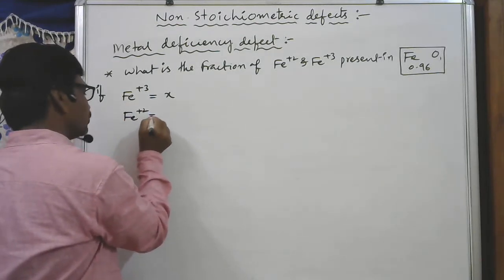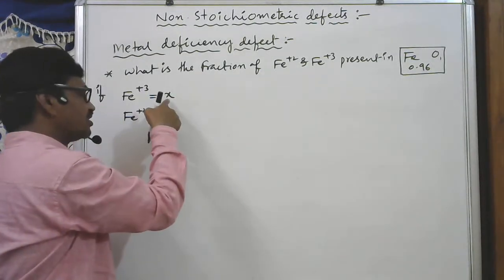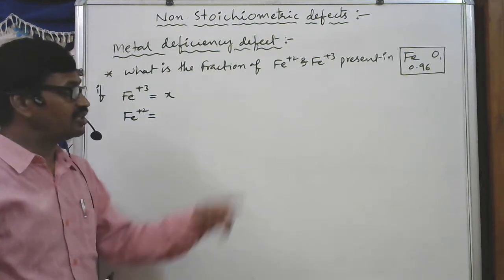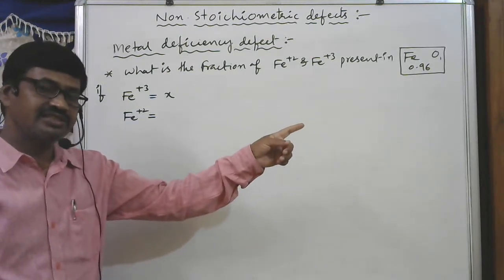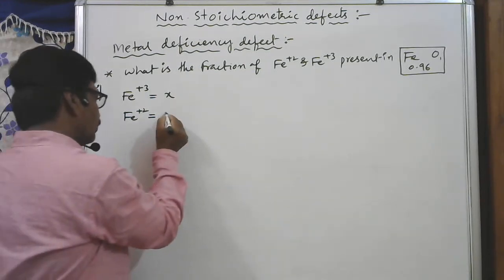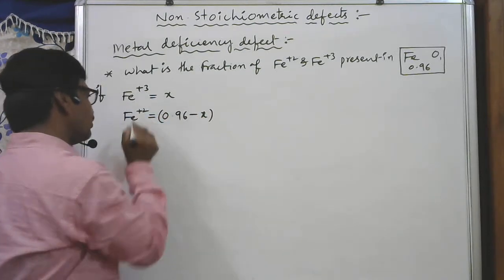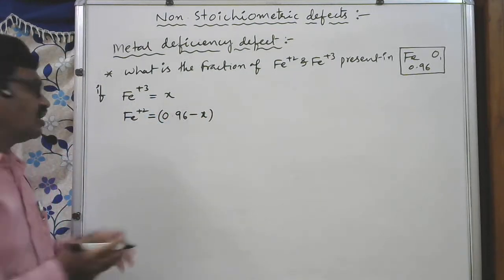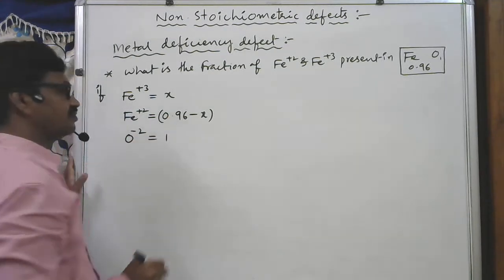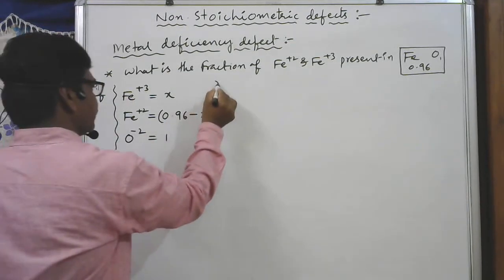Among 0.96, the number of Fe plus 3 ions is X. The remaining are Fe plus 2, that is 0.96 minus X. Oxygen minus 2 ions as usual, there is no change here. 1 oxygen minus 2. This is important. This you have to understand first.